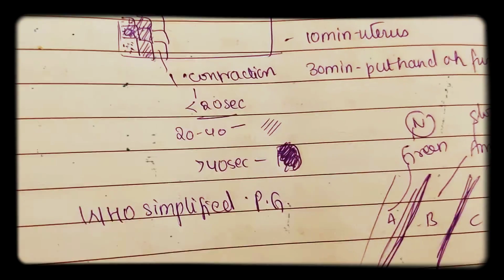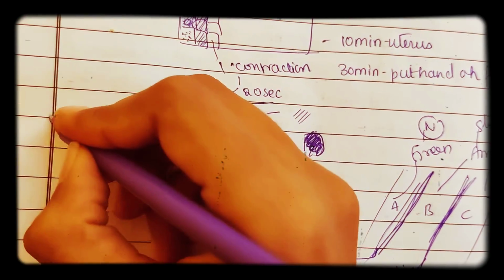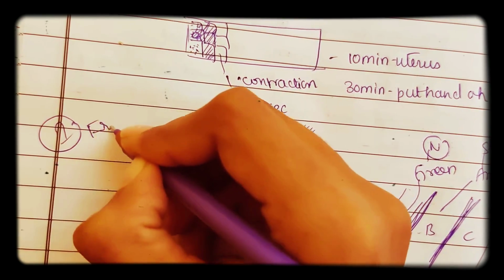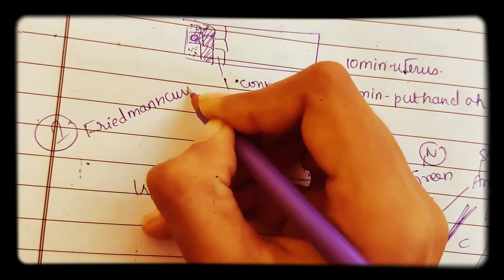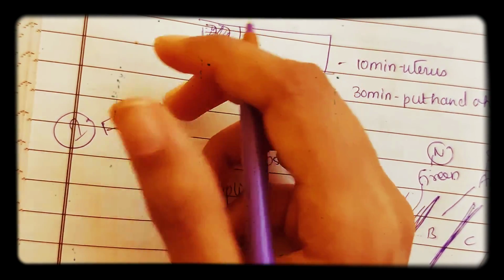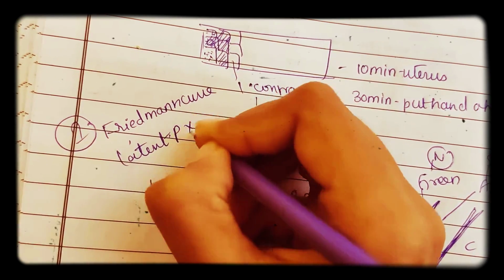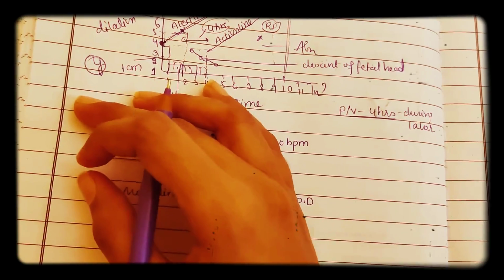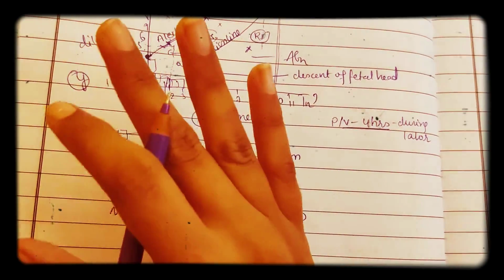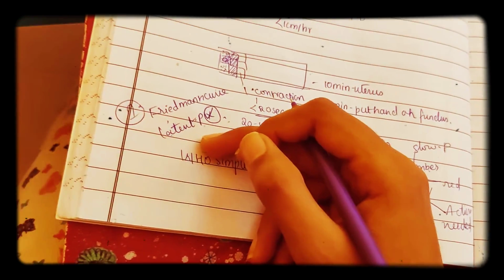Okay, so who found the first partograph? The first one was found by Friedman, and that is called the Friedman curve, not a partograph. Here they also use the latent phase. In the normal partograph we use now, the WHO modified one, the latent phase is not marked, but here the latent phase is marked.